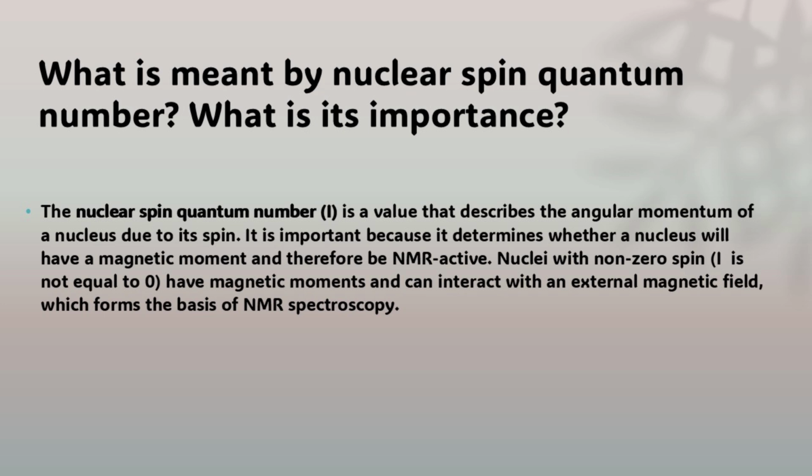It is important because it determines whether a nucleus will have a magnetic moment or not, and therefore whether it will be NMR active or NMR inactive. Nuclei with non-zero spin, I not equal to 0, have magnetic moments and can interact with an external magnetic field, which forms the basis of NMR spectroscopy.